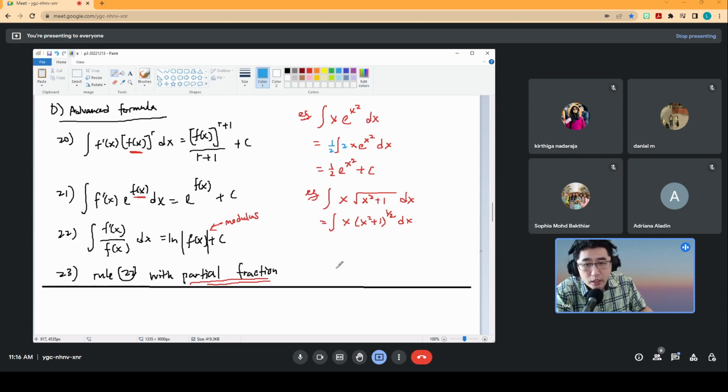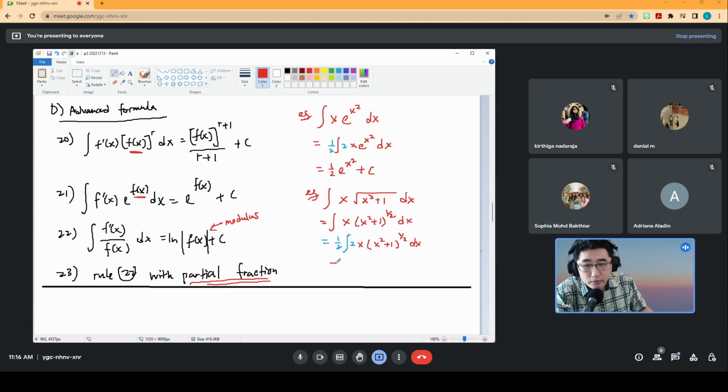Again, I don't have a 2x, so I do my manipulation. I have a half times 2x times (x squared plus 1), so that the half and the 2 here can be cancelled off. Once I write it in this way, we can recognize that the formula fulfills rule 20.